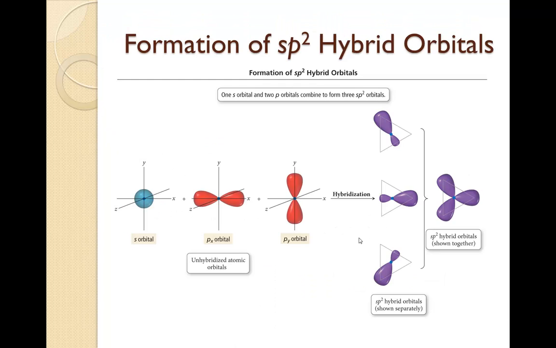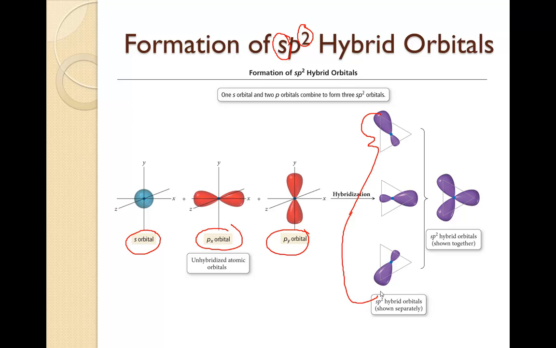So, sp2 means we have one s orbital and 2 p orbitals that are coming together and blending to create 3 new orbitals that are considered to be hybridized. And when we put them together, they form this triangle that you know as trigonal planar.